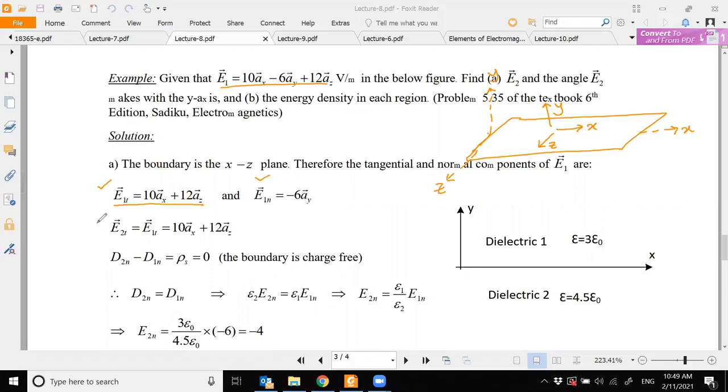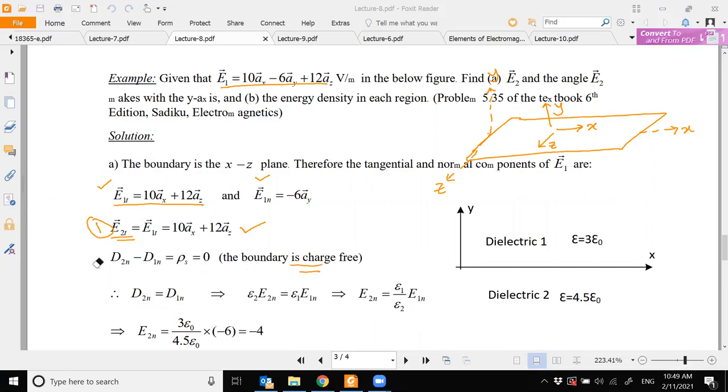Now I apply the first boundary condition: E2 tangential is equal to E1 tangential. So I got the E2 tangential. Then the second boundary condition: D1 normal is equal to D2 normal. I do not need to apply vectors because it's a charge-free boundary. So epsilon 2 E2 normal is equal to epsilon 1 E1 normal, or E2 normal is equal to epsilon 1 over epsilon 2 times E1 normal.